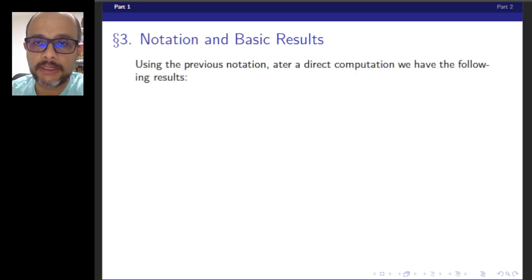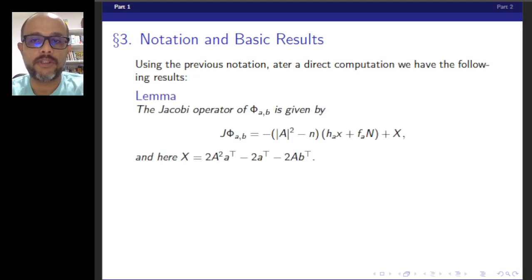Next, using this notation, after direct computation, we have the following results. The Jacobi operator of this vector field phi is given by this expression.